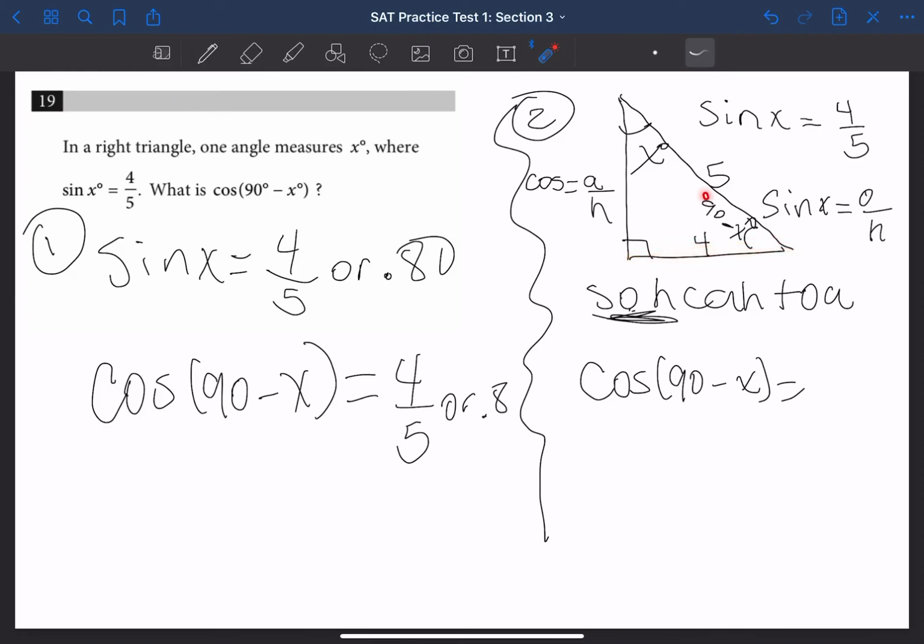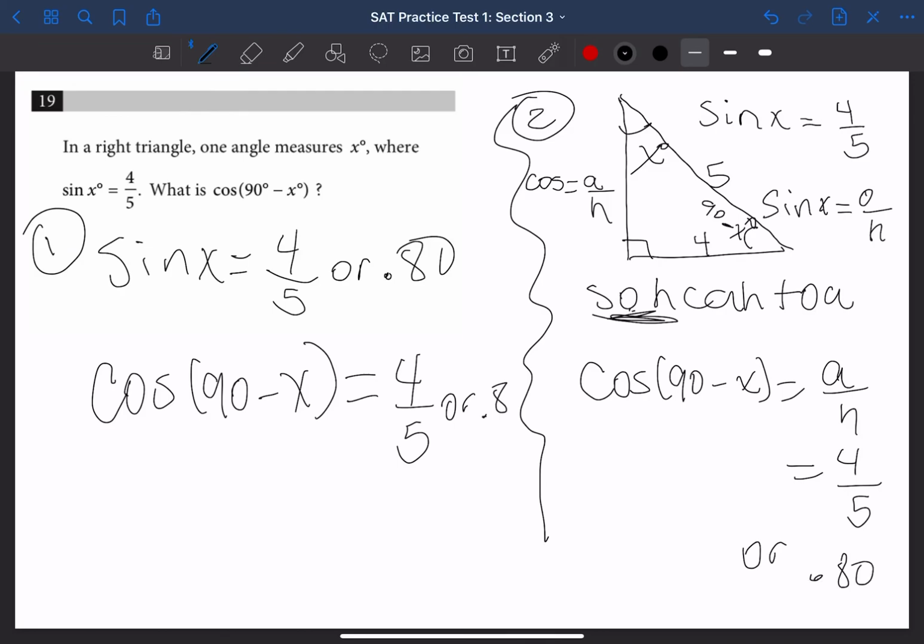So if this is 90 minus x, my adjacent side is right here, and the hypotenuse is going to be the same. My opposite side is this one, so we don't need that. For cosine, it's adjacent over hypotenuse, which means the adjacent side is 4. And the hypotenuse is the same, so it's going to be 4 over 5 or 0.80.